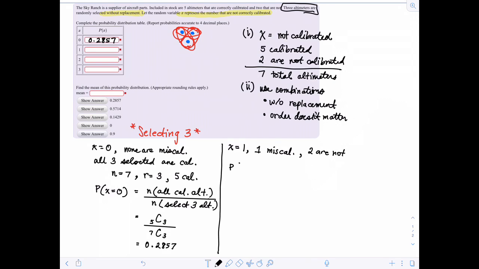So if I want to find the probability that I have exactly 1 that's not calibrated, well, that's the number of ways I could have 1 that's not calibrated and 2 that are calibrated, all over the number of ways we can just select 3 altimeters.